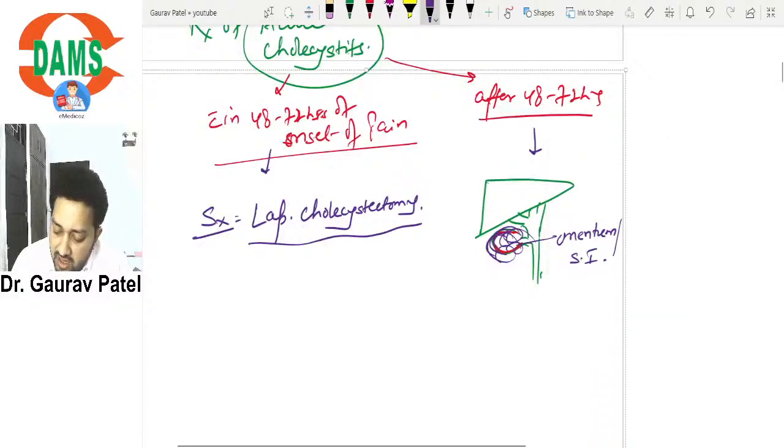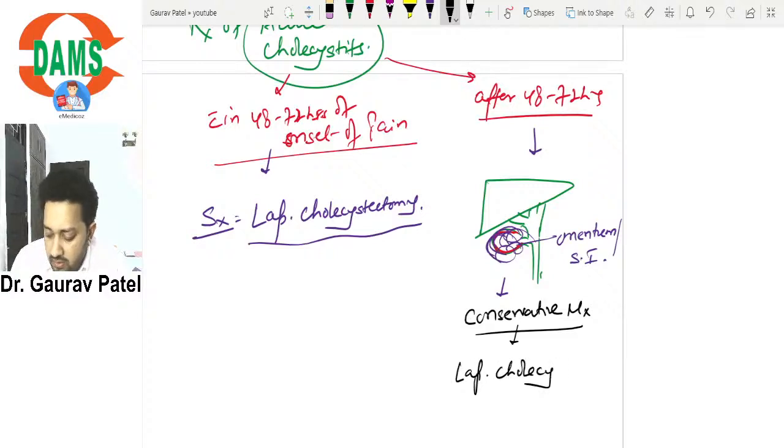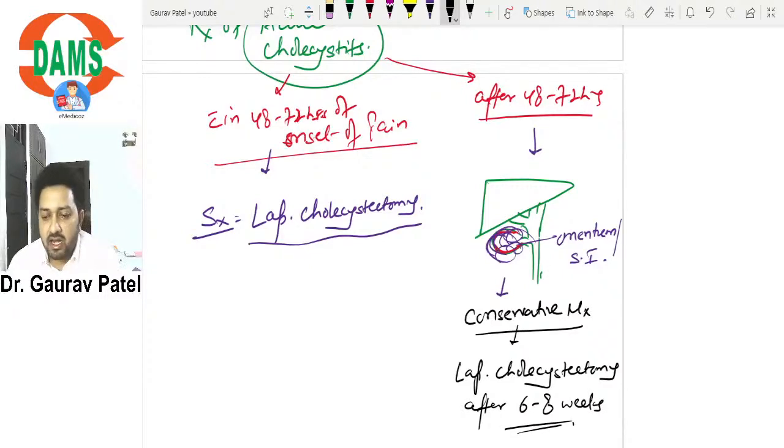So that's why you will go for conservative management. Conservative management means you will give IV antibiotics, painkillers and all, and do an elective laparoscopic cholecystectomy after 6 to 8 weeks. So this is the treatment difference between whether the patient is coming in the initial 48 to 72 hours or coming later.